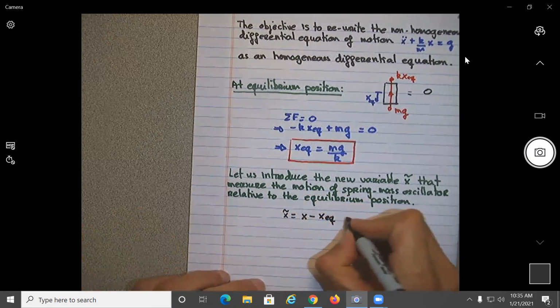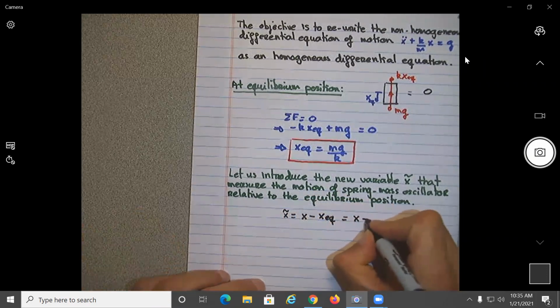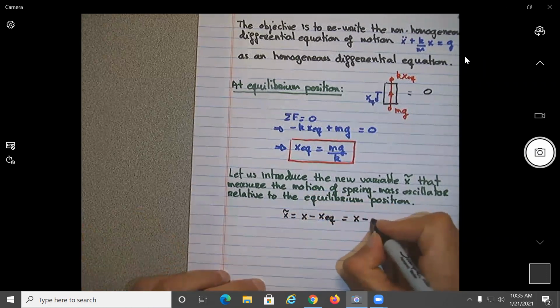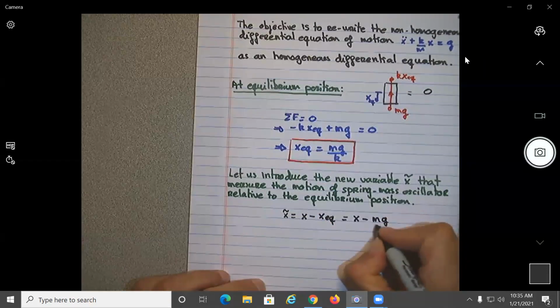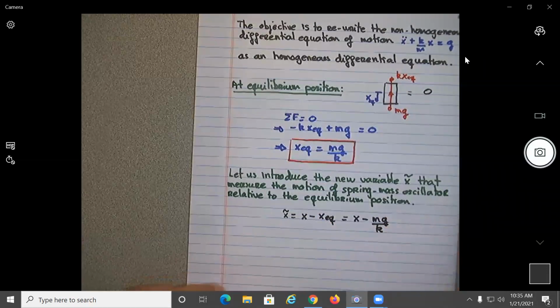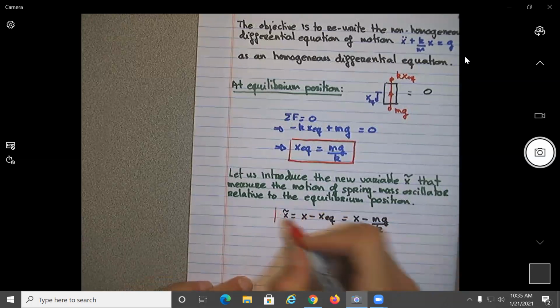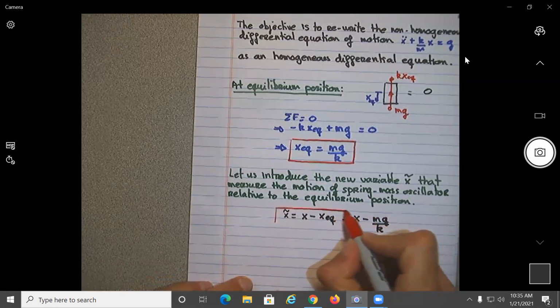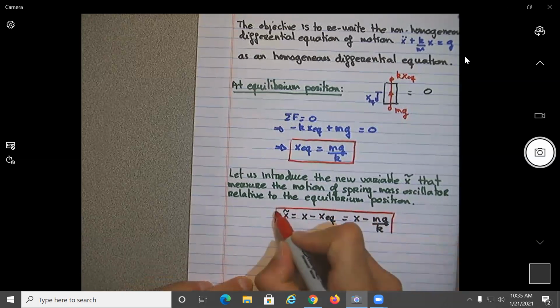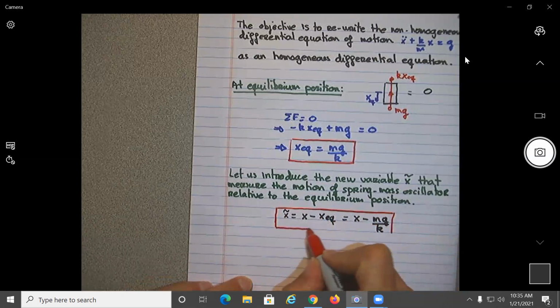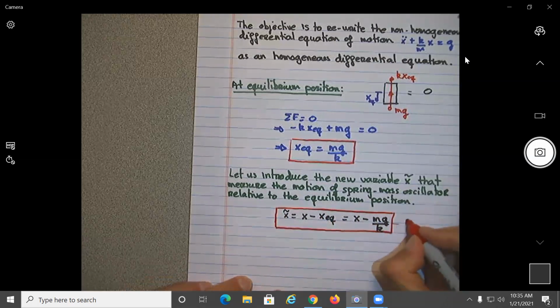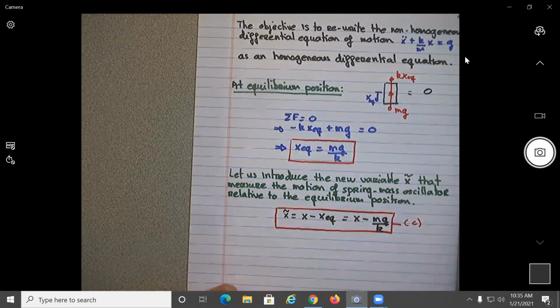So this really becomes x minus mg over k. Okay, let's call this one equation C.